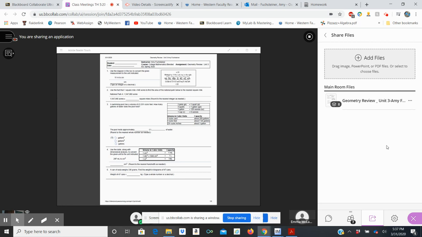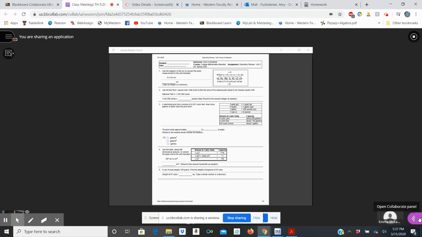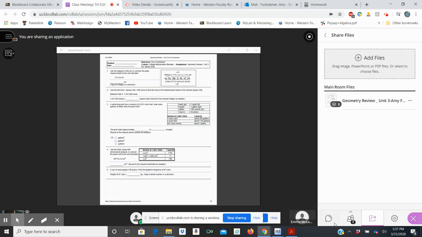Are you all able to find it? Do you see the little purple tab in the lower right-hand corner? Yes. Yes. Okay.